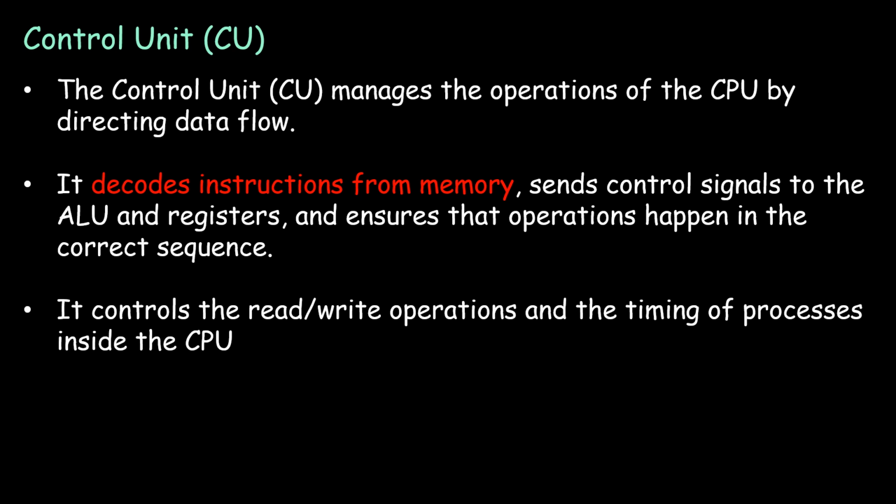The CU also controls read and write operations, deciding when to get data from memory and send data back. Finally, it keeps everything synced by managing the timing of all processes inside the CPU. In simple terms, the CU ensures that all the parts of the CPU work together smoothly and in the right sequence.